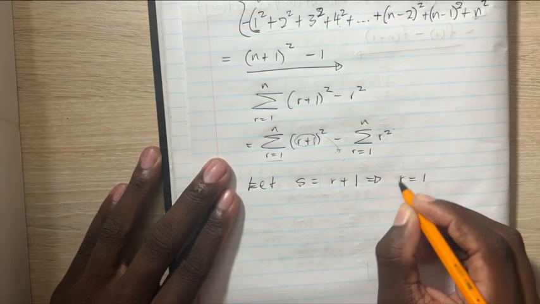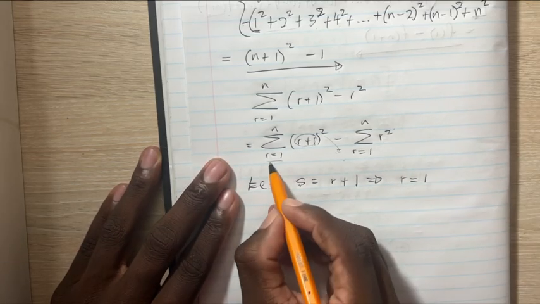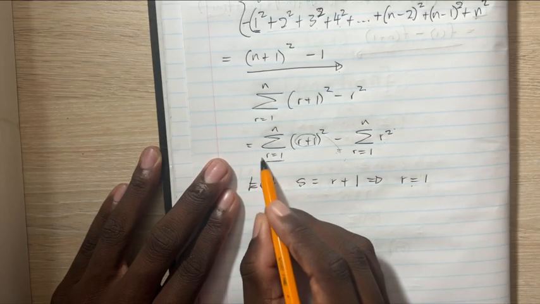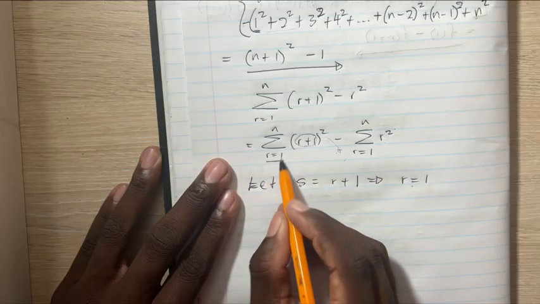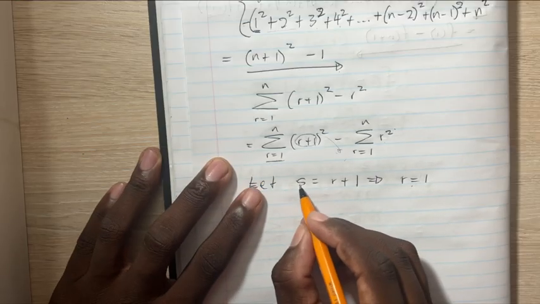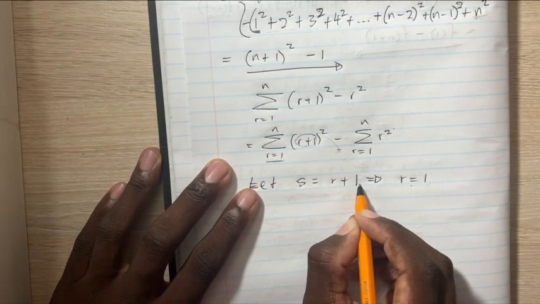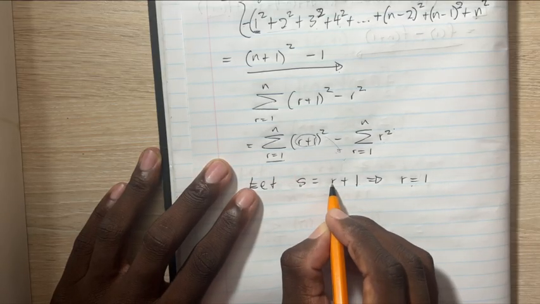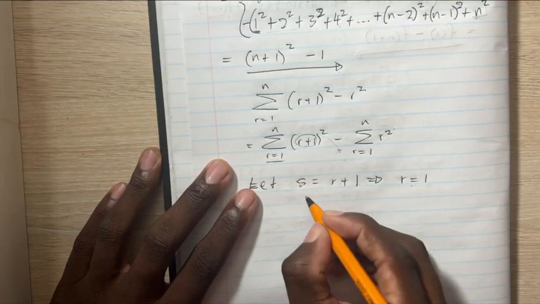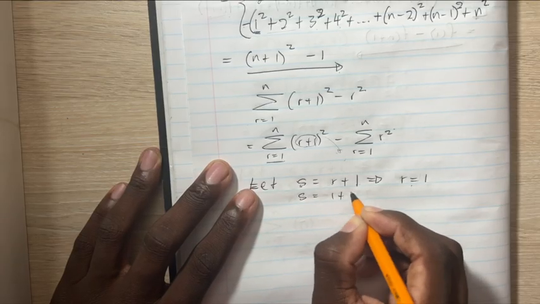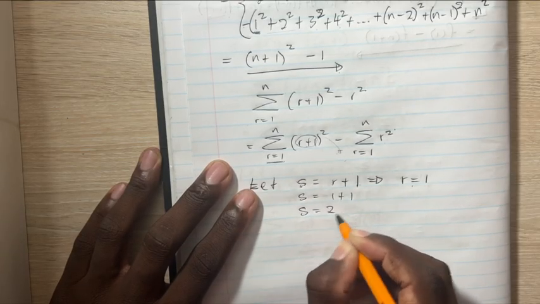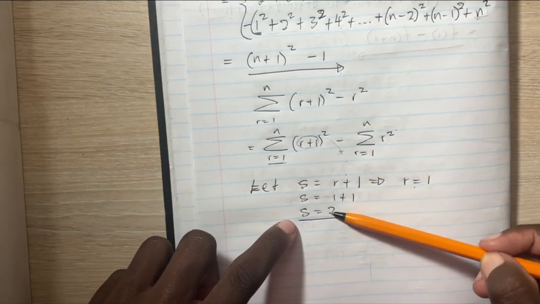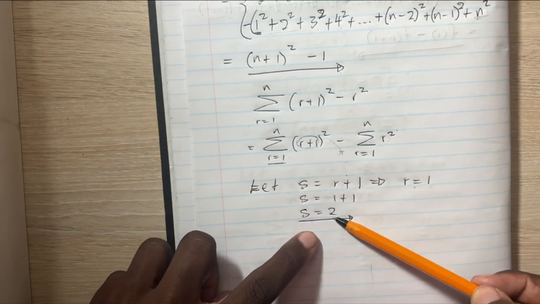Alright, so r is 1. R starts at 1. I want to change this to be written or indexed in terms of s. So if I want to do that, s is equal to r plus 1. So if r is 1, that means I can put 1 here. So s would be 1 plus 1, and s would be 2. Right? So s is 2, since r starts at 1, so s starts at 2.